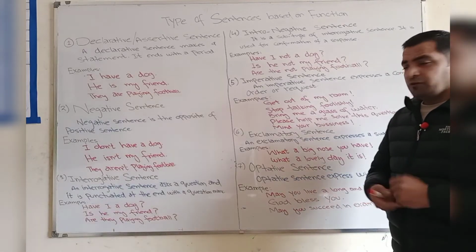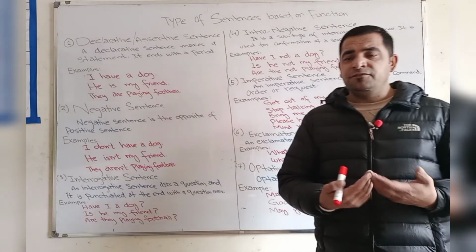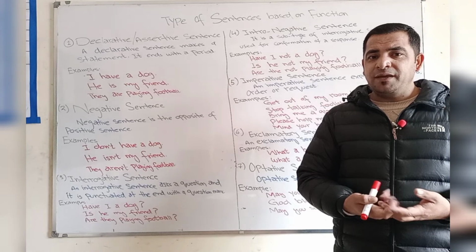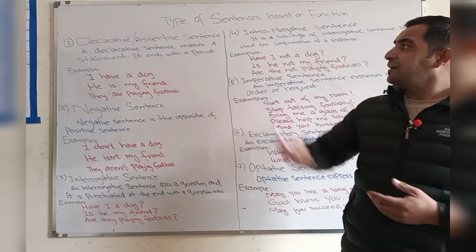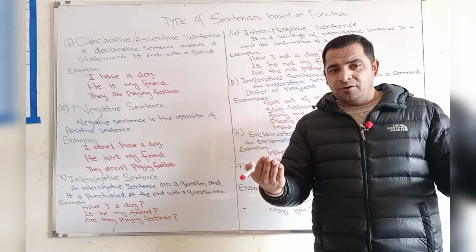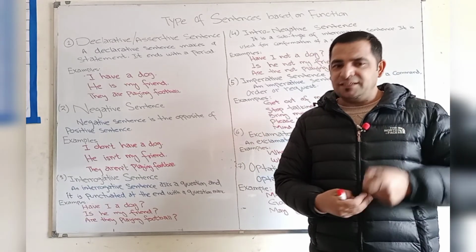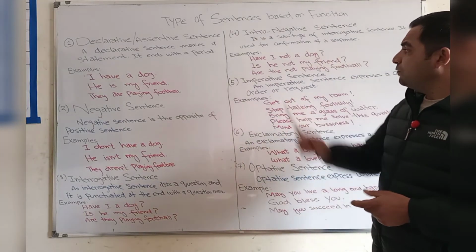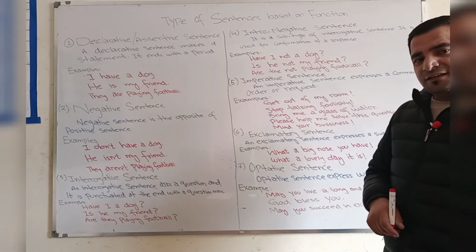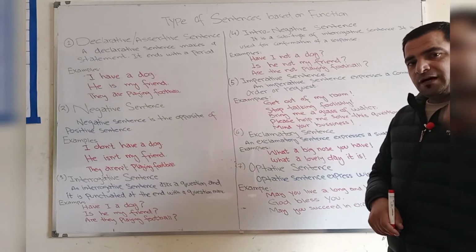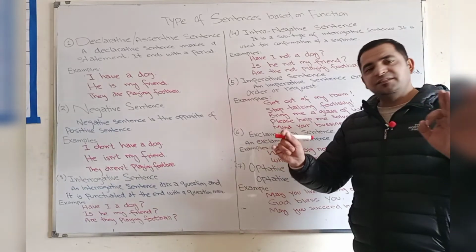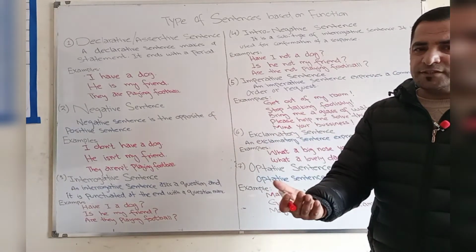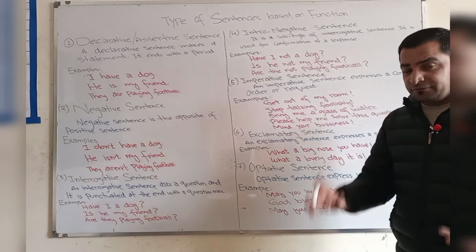For example, if someone is your friend, you may ask him, am I not your friend? So you want the confirmation, the response that your friend says, yes, indeed, you are my friend. Then we've talked about the imperative sentence, which expresses command, request, or order, right? And then the second last, the exclamatory sentence, which deals with emotions and feelings.